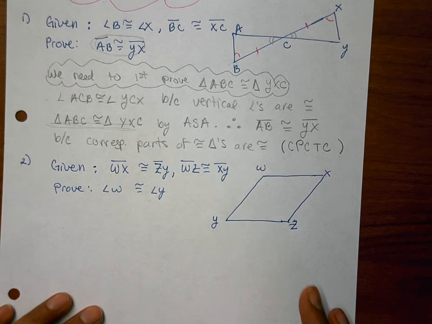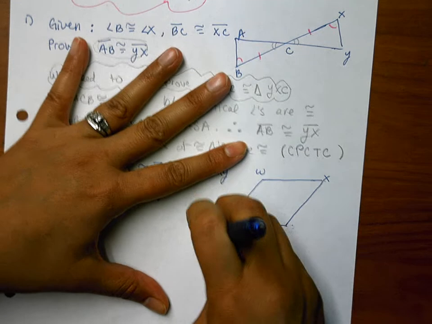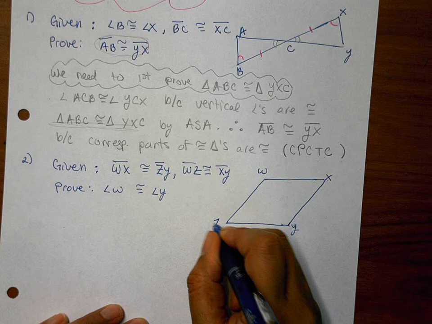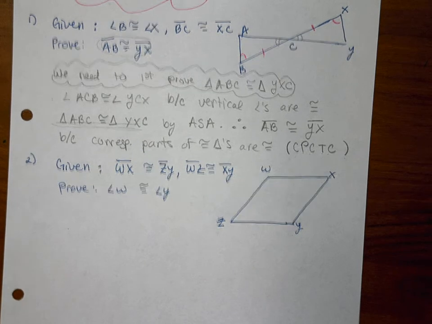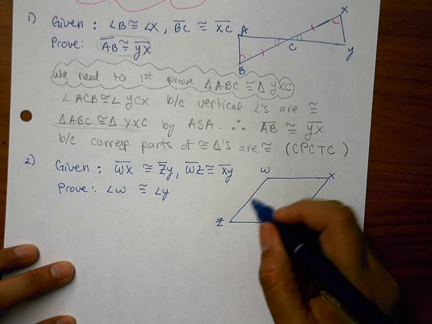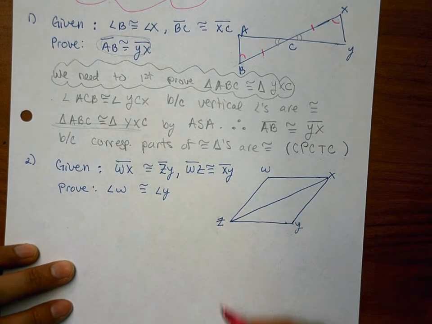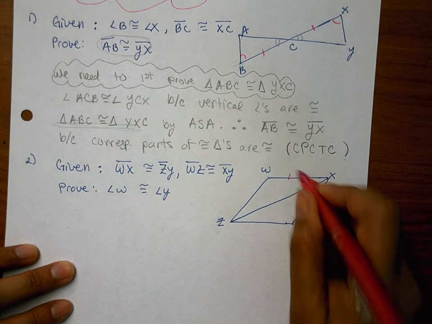XWYZ. All right. Given WX is congruent to ZY. Oh, one piece I forgot to draw was the diagonal going from Z to X. Okay.